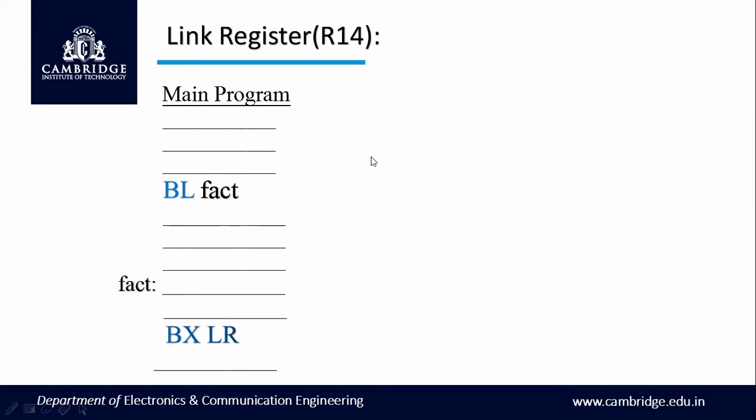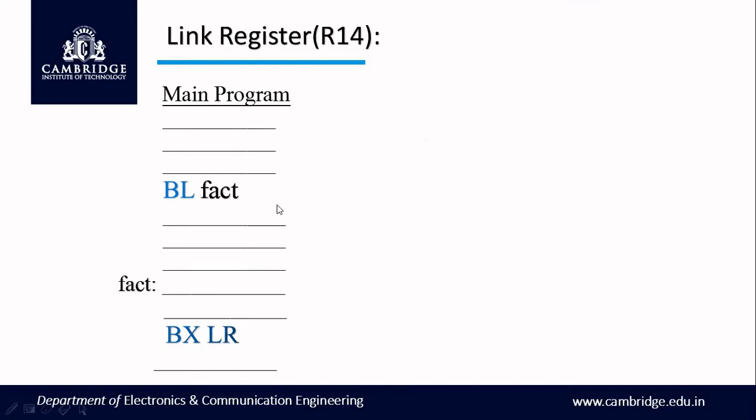This return address would be saved onto the stack, right? So first we'll save the return address onto the stack. Next, the program counter would get the address of this subroutine where the program counter has to jump now to execute the subroutine, right? So you'll have the memory used for storing the return address. Instead of memory being used, we'll be using the link register here for storing the return address.